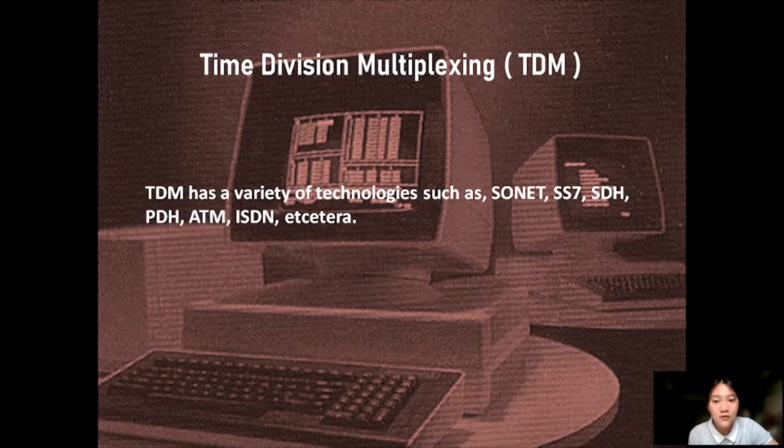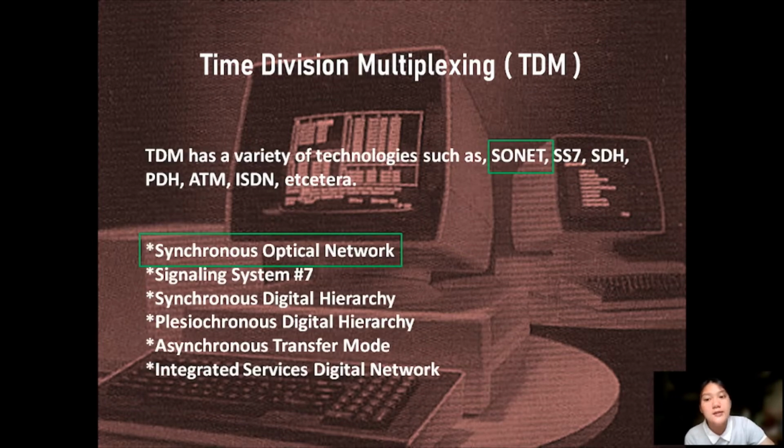TDM has a variety of technologies such as SONET, SS7, SDH, PDH, ATM, ISDN, and etc. But for this video, we are going to discuss SONET or Synchronous Optical Network. SS7 stands for Signaling System 7. SDH is Synchronous Digital Hierarchy.